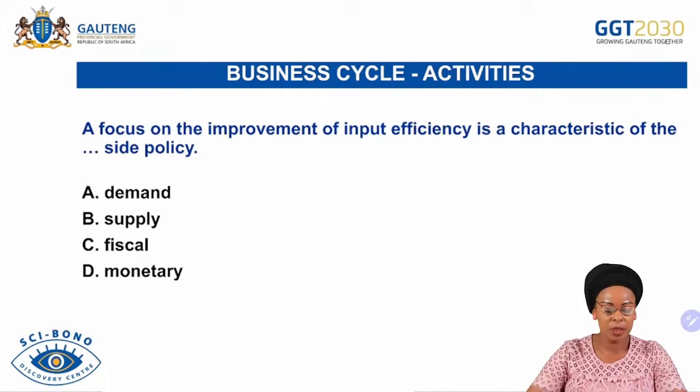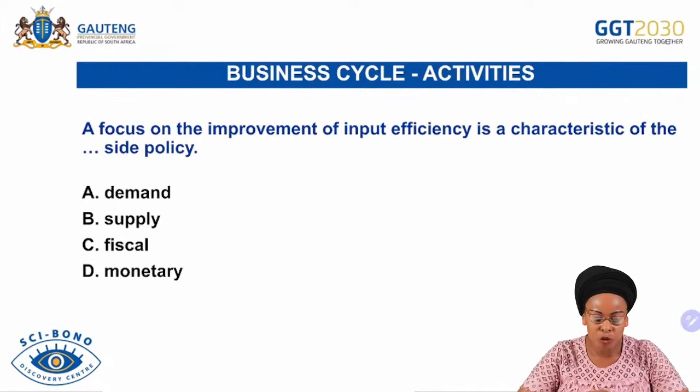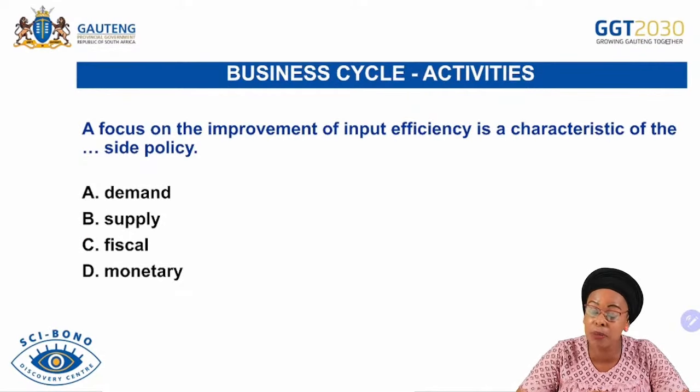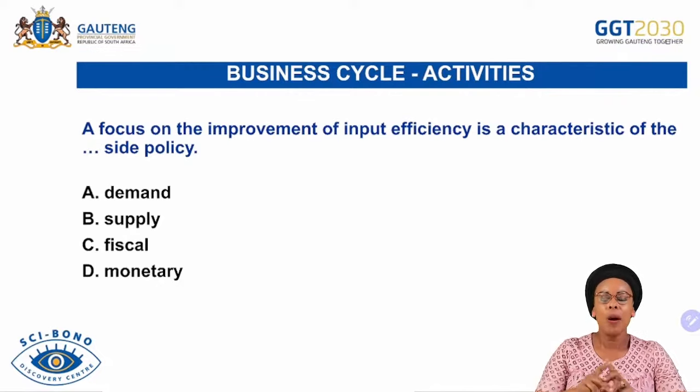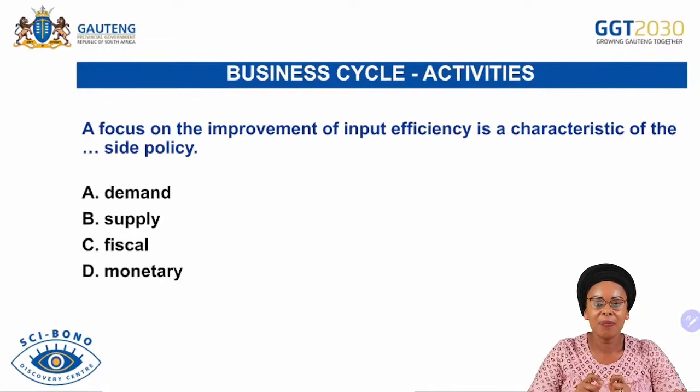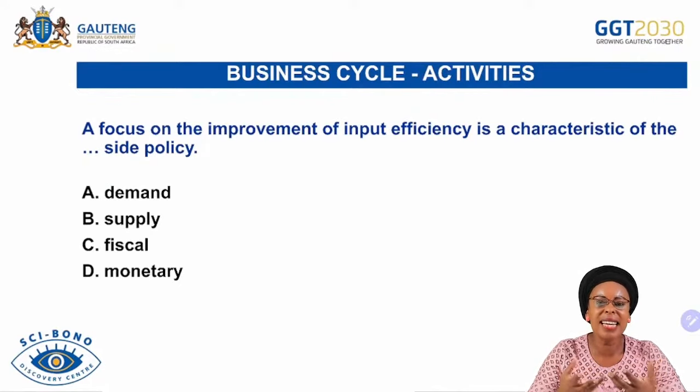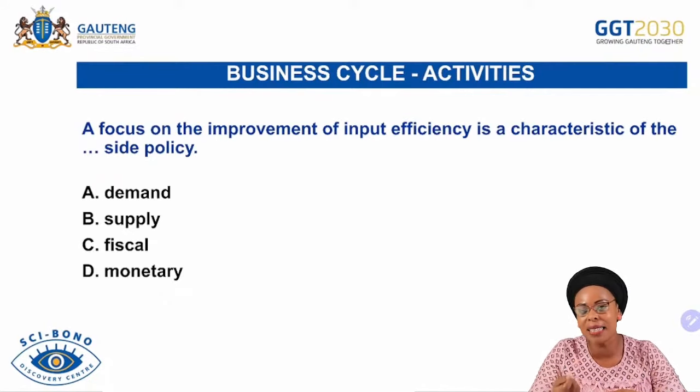Another example: a focus on the improvement of input efficiency is a characteristic of which side policy? When Mr. Letiani was presenting, he mentioned that under the demand side policy, that is when we have the Phillips curve, for example, where the government can trade off between how much inflation and how much unemployment.